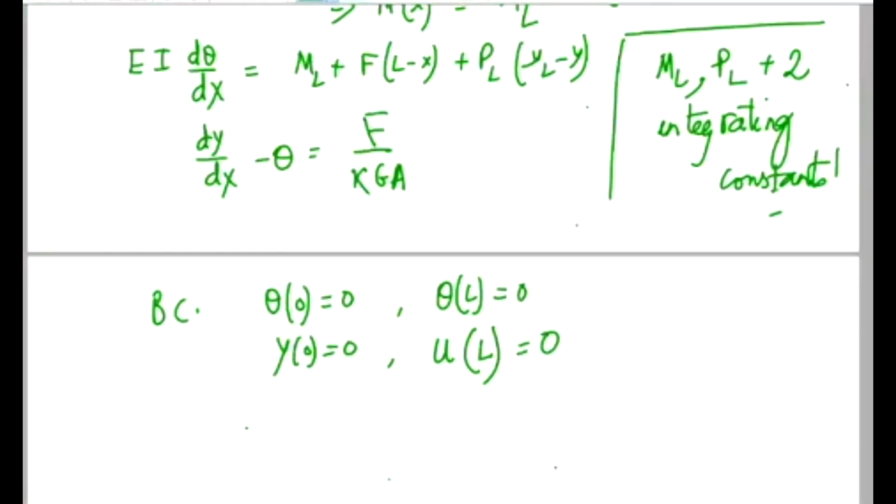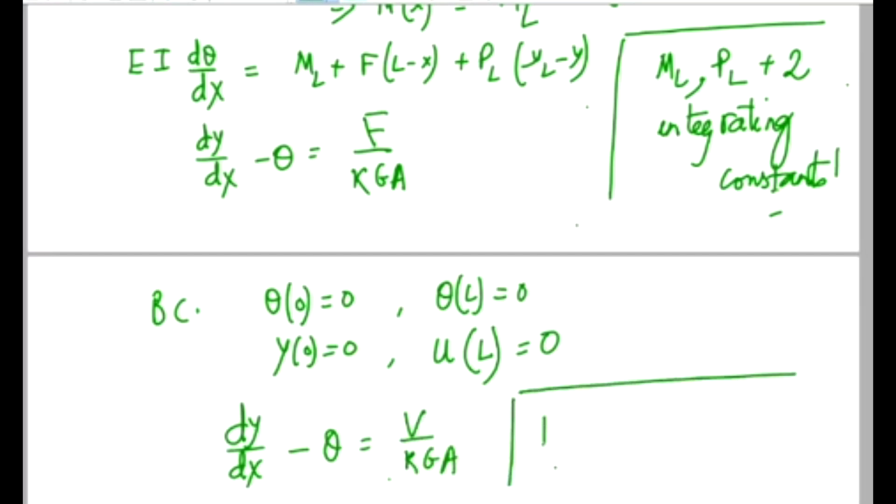Likewise, even Timoshenko beam theory. In Timoshenko beam theory, we have dy/dx minus theta equal to V by kGA, right? But actually it should be tan inverse of dy/dx minus theta equal to V by kGA.